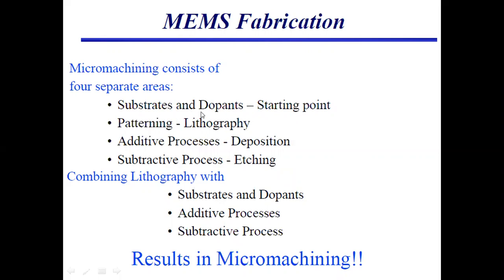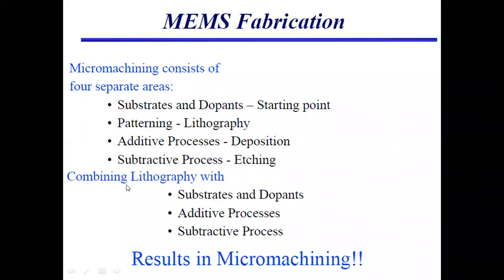So substrate and dopants, which is the starting point, then we do patterning with lithography. We add layers to the substrate with the deposition process, and then we make the desired shape on the deposited thin film with the etching process.